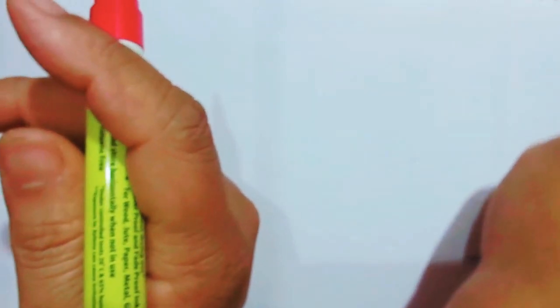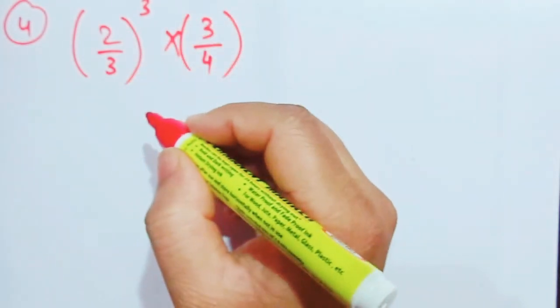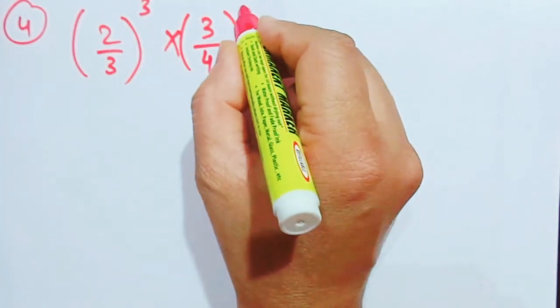So in number 4, what we have is 2 by 3 to the power 3 times 3 by 4 to the power 2.